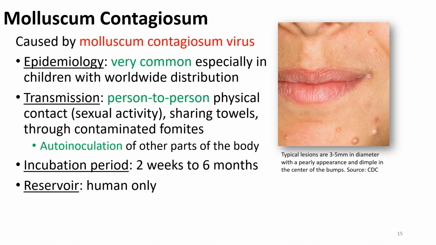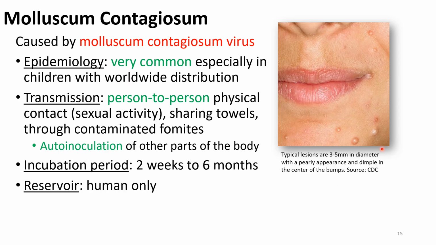It affects around 3 to 20% of the population, particularly children, and it is transmitted from one person to another via physical contact, particularly sexual activity, sharing towels contaminated with the virus, and also getting in contact with contaminated surfaces that have fomites of the virus. And there's also the risk of auto-inoculation from one part of the body to another.